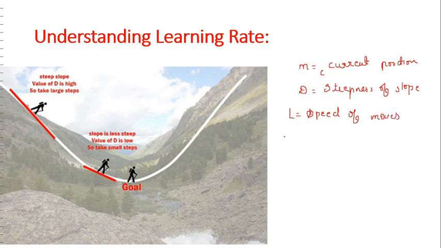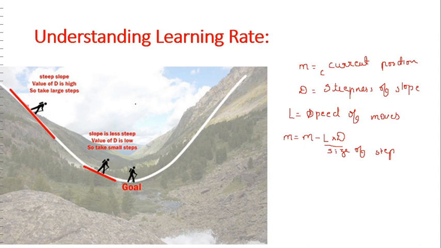And I have the new position of that person equal to the old position minus the speed of that person multiplied by the steepness of the slope. So this L and d is nothing but the size of step.